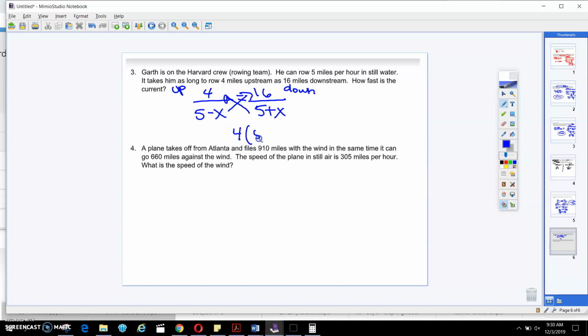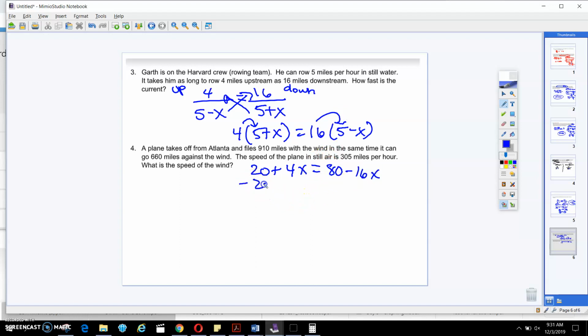So 4 times 5 plus x equals 16 times 5 minus x. Yep. Okay, so when you multiply these, you're going to distribute. So you're going to get 4 times 5. I'm going to write this down here, but then I'll erase it in a second. 20. And 4 times x, that's going to give you 4x. Over here, that's going to give you 80 minus 16x.